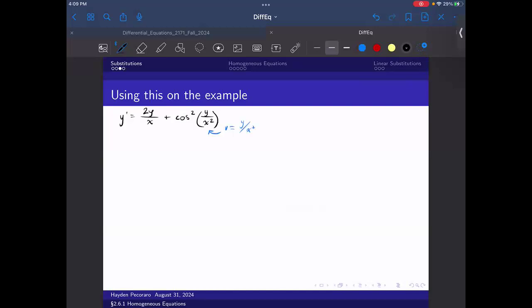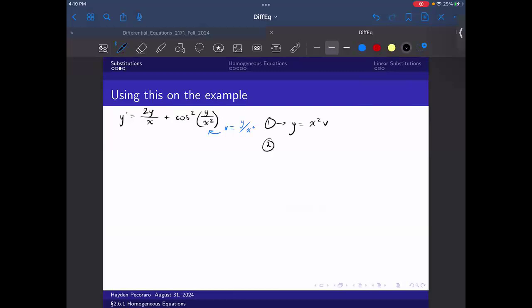All right, so step one here is solve for y. y equals x squared times v. So a lot of writing on the previous slide, but really it's just saying solve for y. All right, step two.